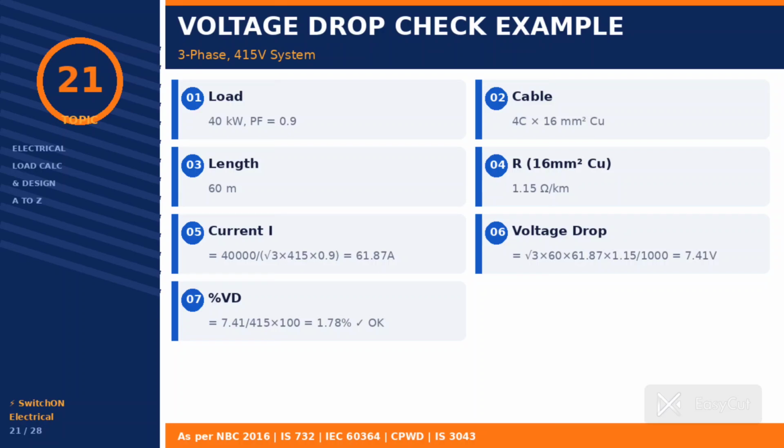Then the voltage drop formula is simple, that I have already told you: √3 into I into R into L divided by 1000. Right? Just a second, give me a second to recalculate this value, whether it is correct or not.